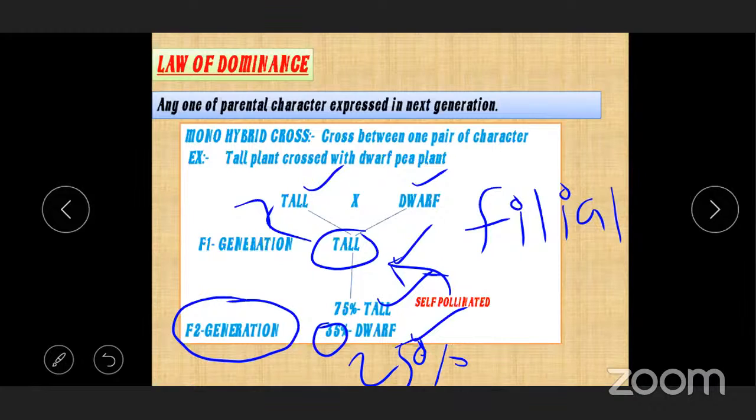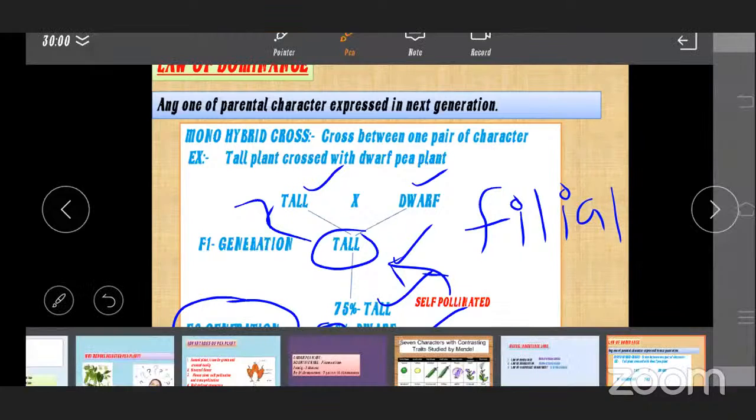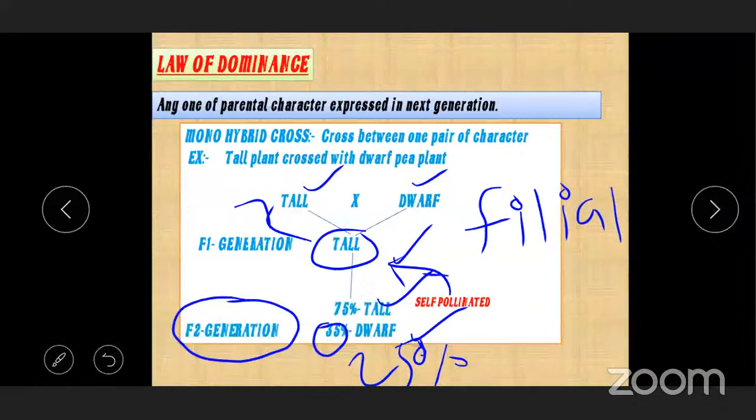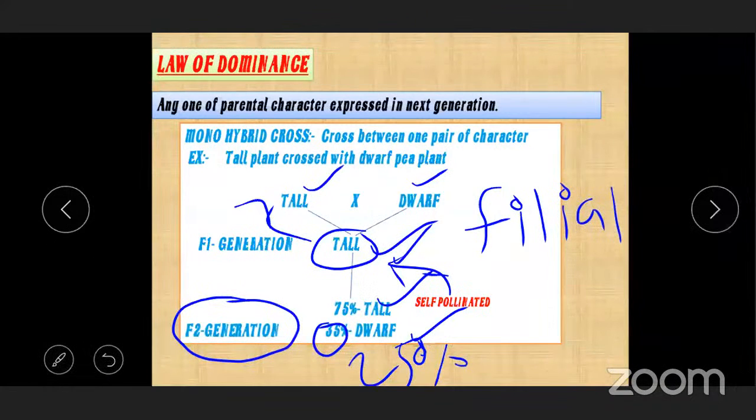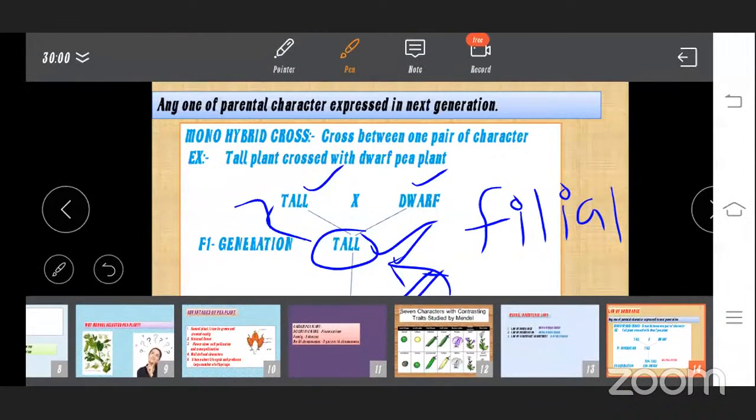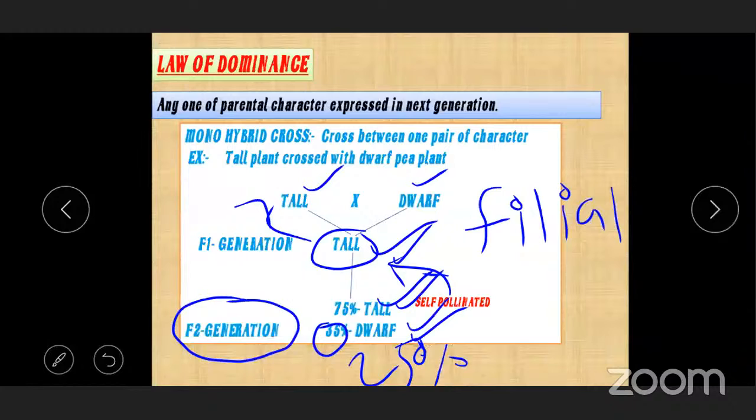Whether it is the F1 or F2 generation, in the next generation, tall or dwarf, any one character developed. In the F1 generation, tall is produced, and the tall character is present in the parents. In the F2 generation, tall and dwarf both are present in the parents.